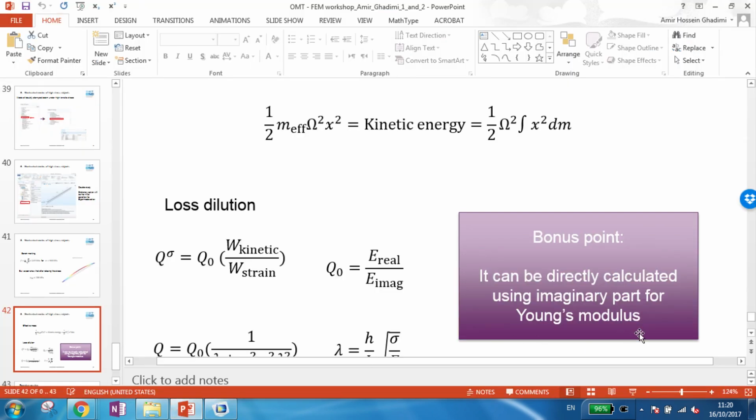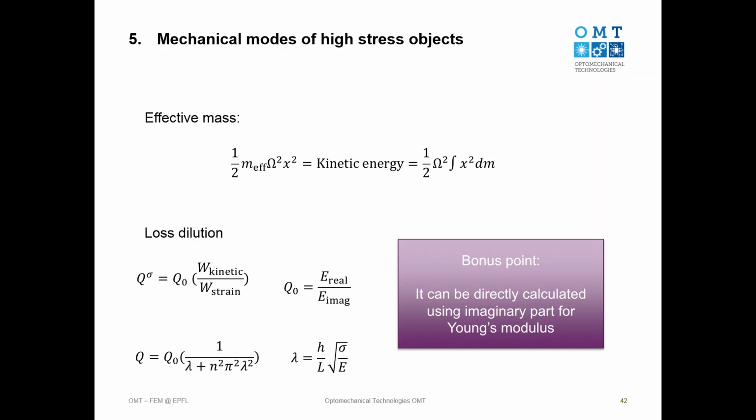Why is that? Again, not a topic of this workshop. If you want, it's a topic of its own. But that's how kinetic energy and strain energy, and calculating the division of these two, will give you the stress dilution factor. And if you know the intrinsic Q, you can do it. There is another bonus way to do it: you can use the imaginary part of Young's modulus, but I will not cover it until we get to that point.